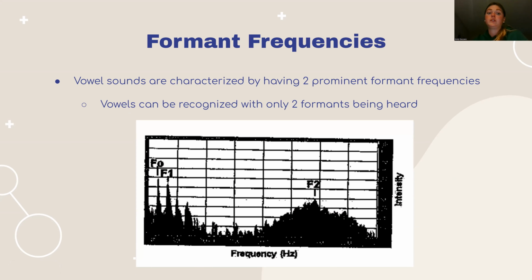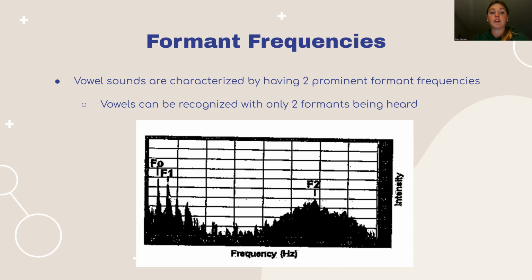So formant frequencies, you can see in this graph down here, you have the fundamental frequency of this person. I assume they're just saying a vowel sound. The textbook probably explains what they're actually saying, but this is the fundamental frequency right here, F sub 0, and then you have F1 and F2. Those are formant frequencies.